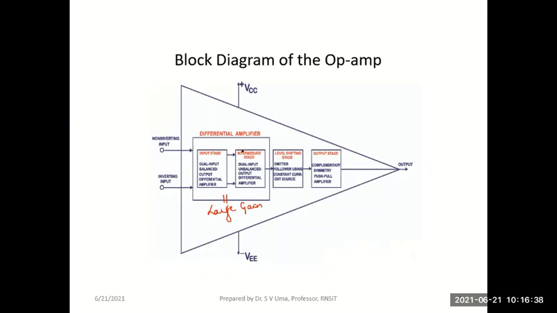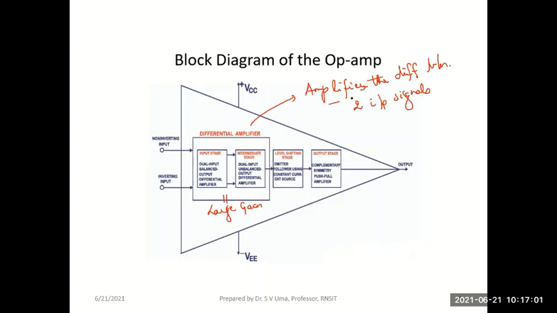what is a differential amplifier? We will be studying this in more detail, but for now, you remember it is an amplifier which amplifies the difference between the two input signals.